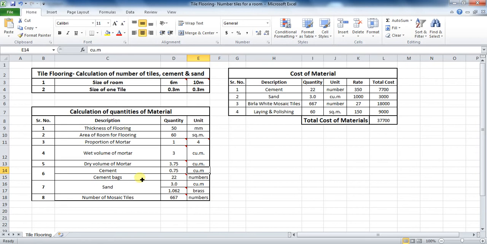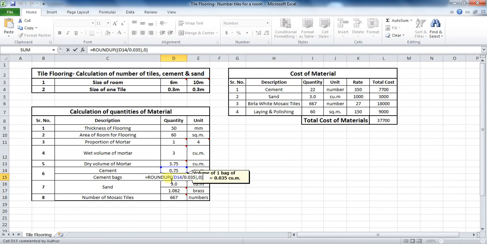Now, calculate number of bags of cement required. We know that the volume of one 50 kg cement bag is 0.035 cubic meter. Therefore, use formula as equal to round up, double bracket, cell D14 divided by 0.035, bracket close, comma, 0, bracket close.